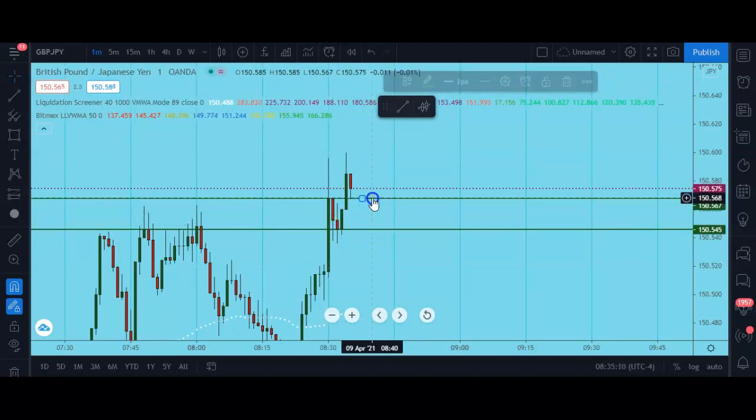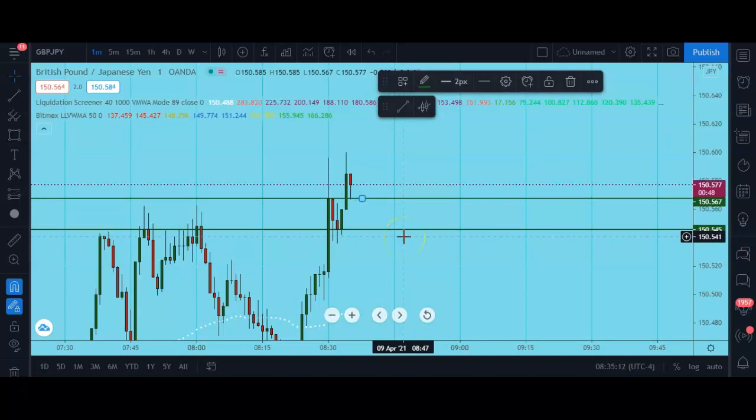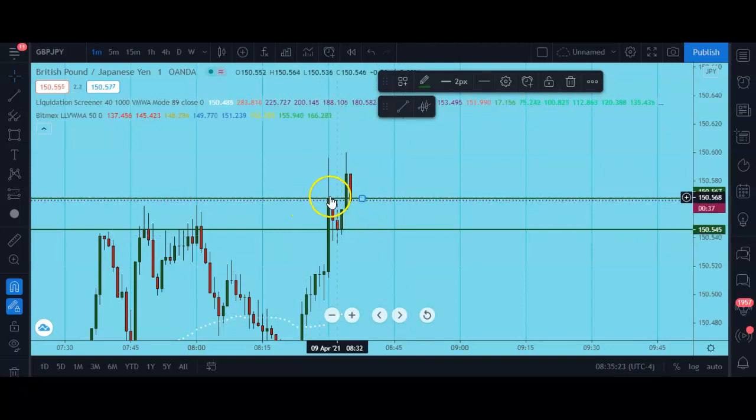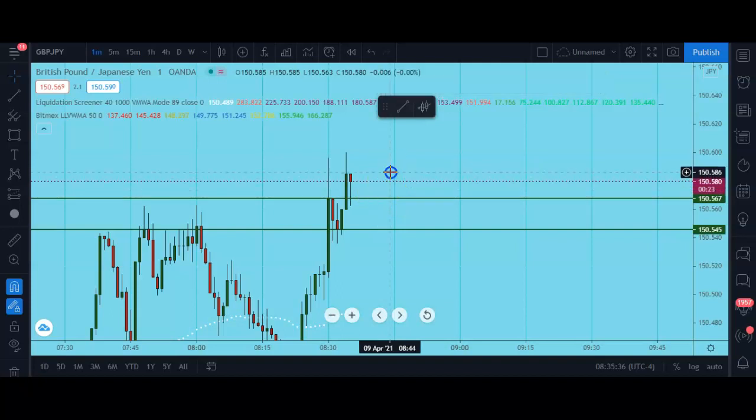Looks like we're getting ready to do some selling. This candle closed above this area, but price is acting like it wants to sell down. So I'm going to wait before calling it. I think it's going to close above this line, but I'm going to wait before calling it, because we got selling pressure right here.